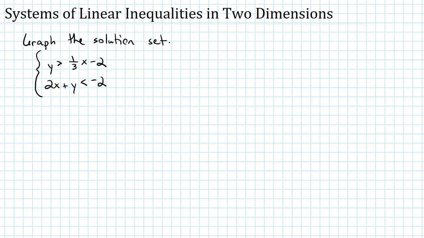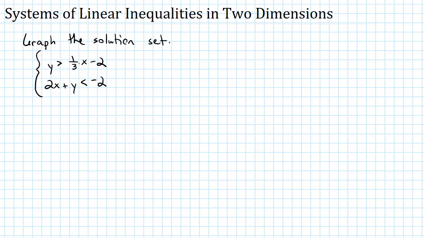All right, so you may have remembered that if you were to graph the solution set for each of these, you would get a half plane, right? A shaded region on the plane that indicates all the ordered pairs that make the inequality true. So when you have a system, what you're looking for is the overlap of those two shaded regions. That's the big idea. So let's get started.